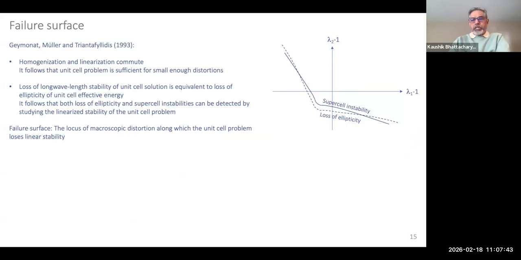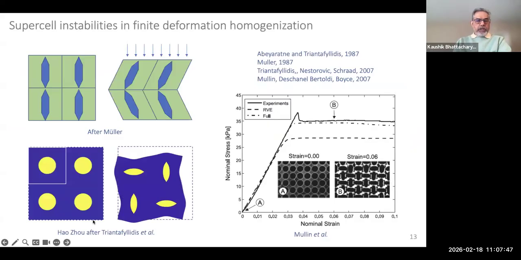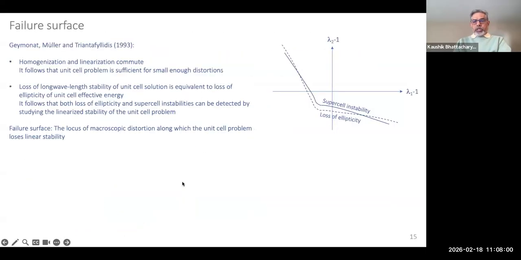these instabilities. So for example, if I were to look at this problem here, and these two stretches, the ratio of the stretches in the two directions are lambda 1 and lambda 2. So you see that lambda 1, lambda 2 equals 1 is exactly where there is no deformation. And you can begin to see the various instabilities happen exactly along these lines.